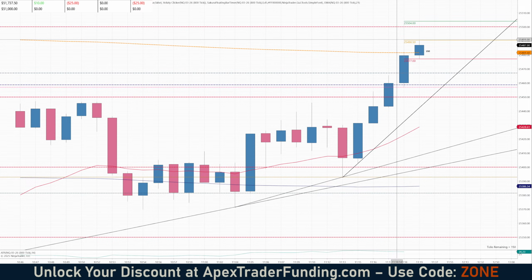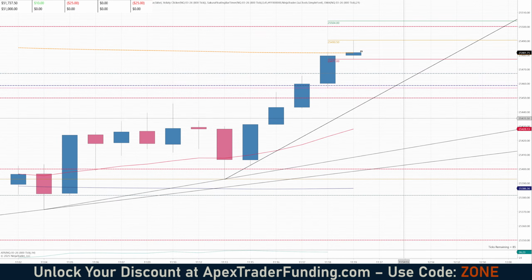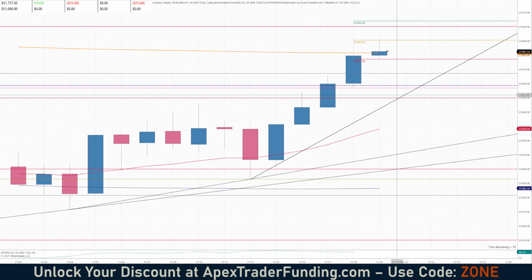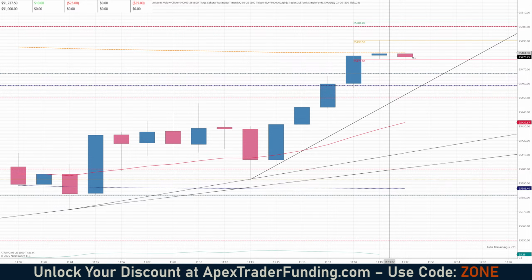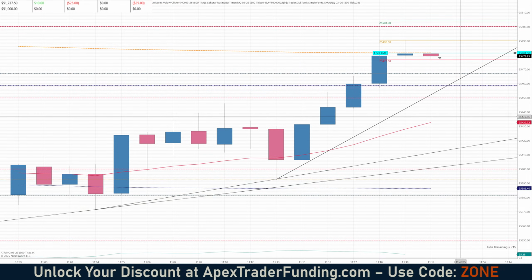Gosh, every single candle is like 15 to 25 points plus. I don't like it. Okay, this is going to be a short.